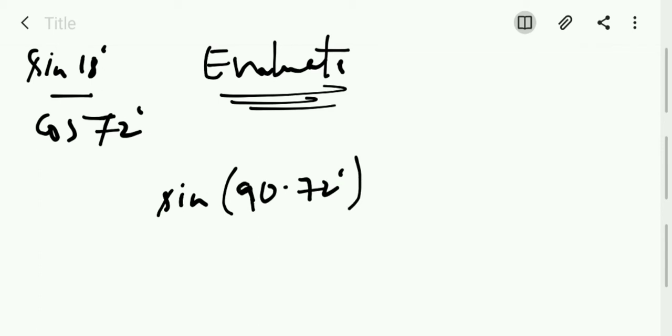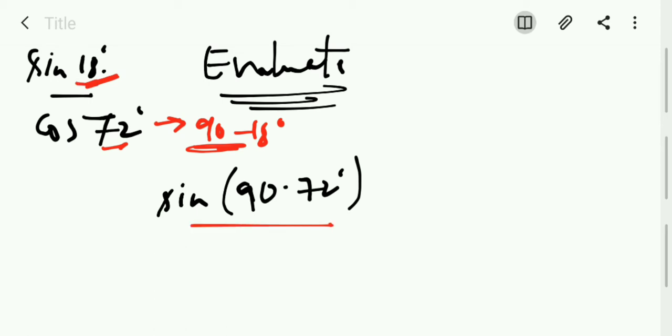Guys, before starting with the problem, please think. 18 can be written as 90 minus 72, or 72 can be written as 90 minus 18, right? You need to replace any one of the values by 90 degree, that is a complementary.